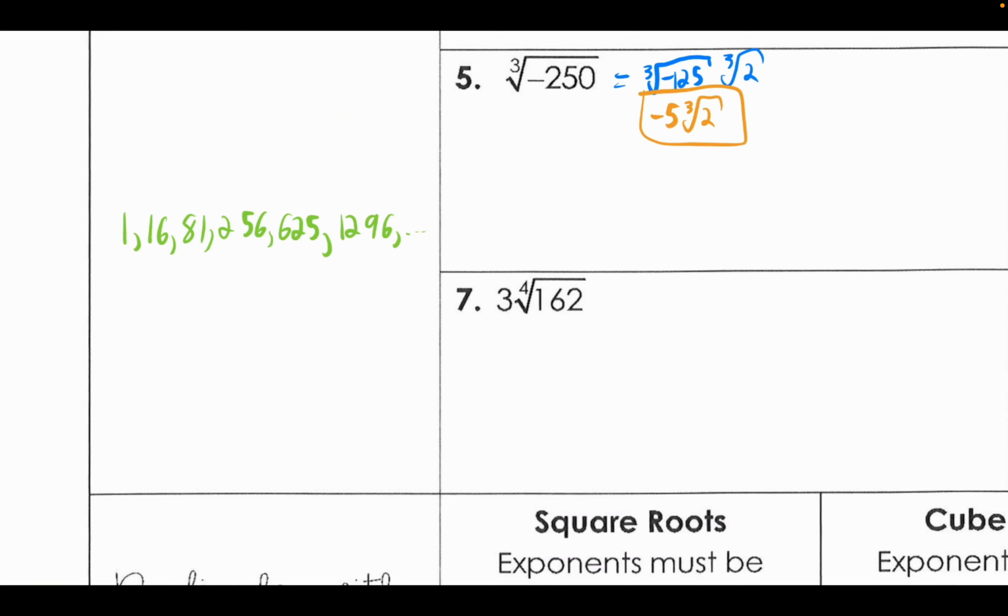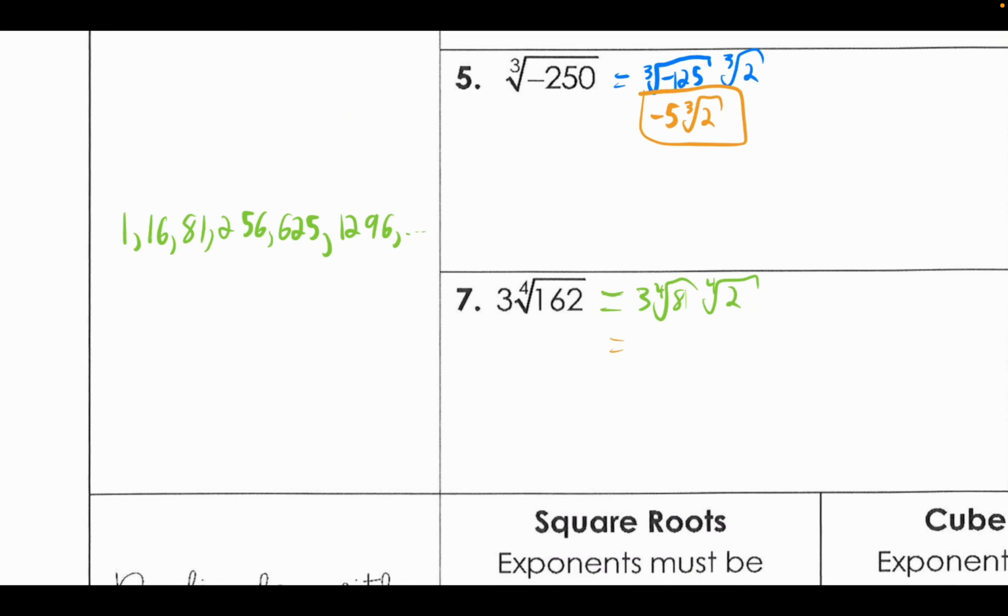So 3 times the fourth root of 162. The perfect fourth that is a factor of 162 would be 81. And so it's 3 times the fourth root of 81 times the fourth root of 2. It's the same process for all of these, whether it's square root or third root or fourth root.